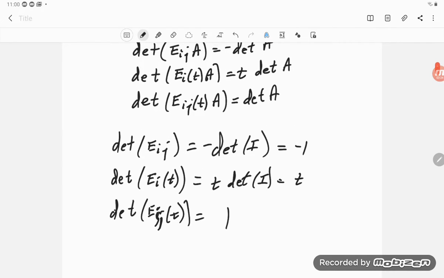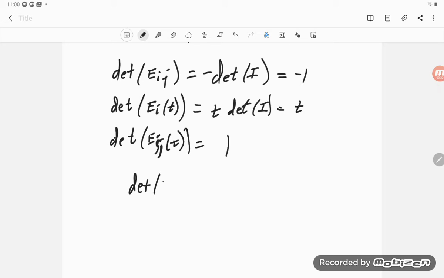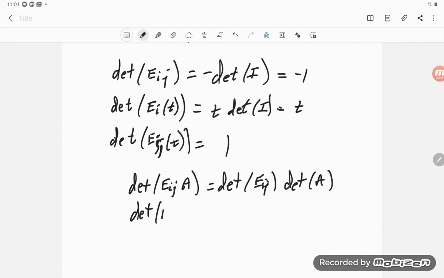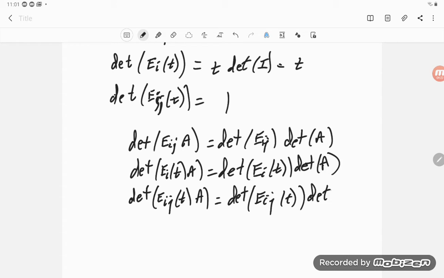As we look at all these, what we see is that the determinant of Eij times A is the determinant of Eij times the determinant of A, and similarly for the others: the determinant of Ei of t times A is the determinant of Ei of t times the determinant of A, and the determinant of Eij of t times A is the determinant of Eij of t times the determinant of A.